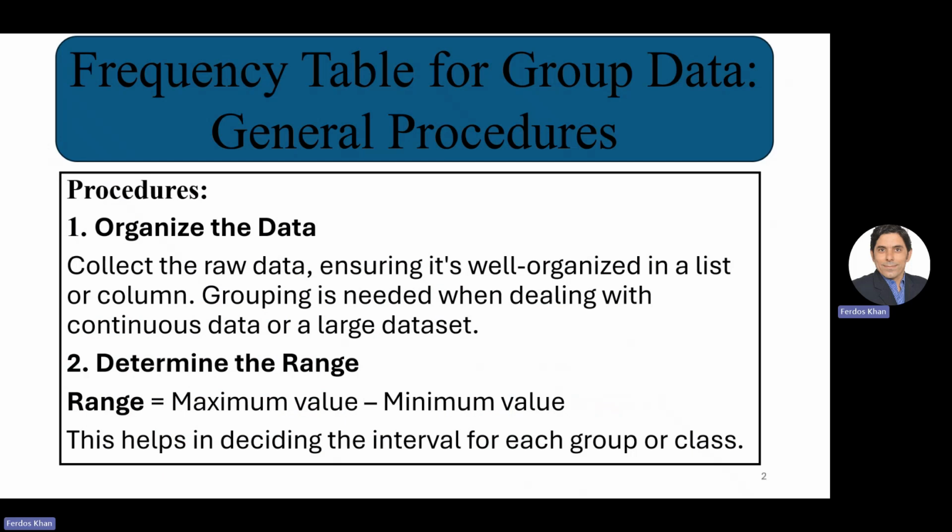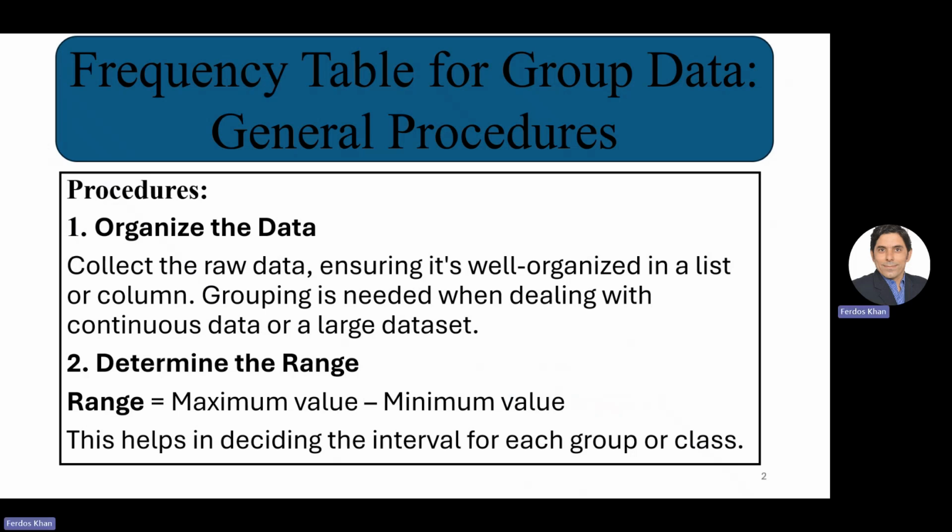Collect the raw data, ensuring it is well organized in a list or columns. Grouping is needed when dealing with continuous data or large data sets. So this is obvious now.